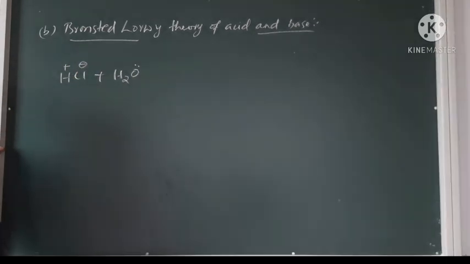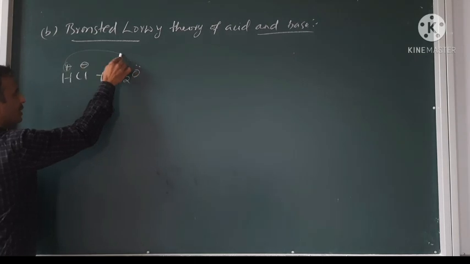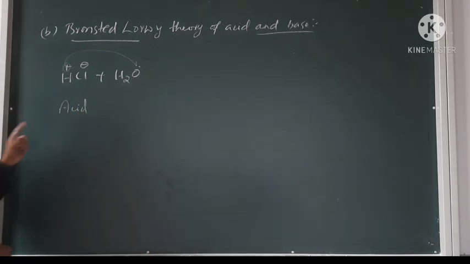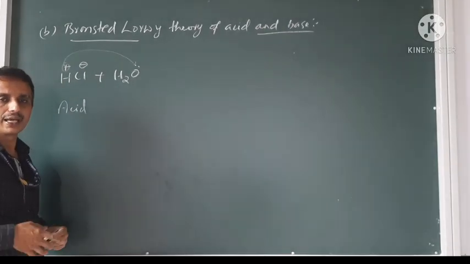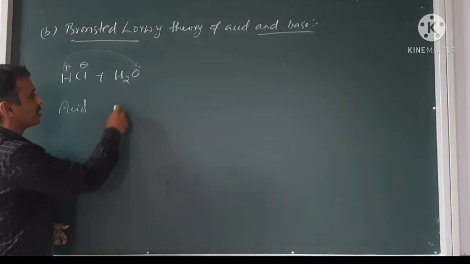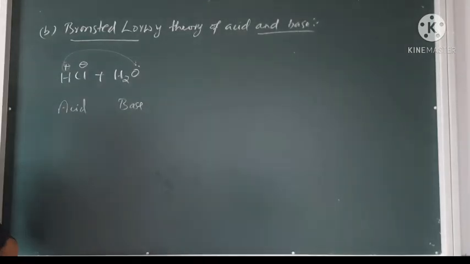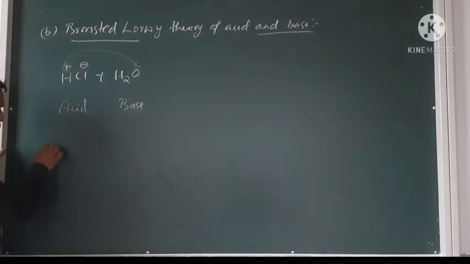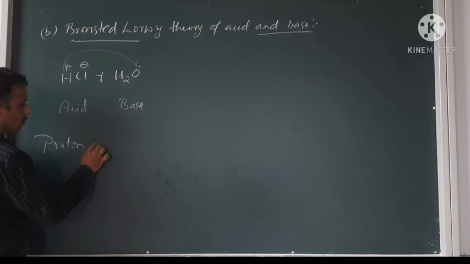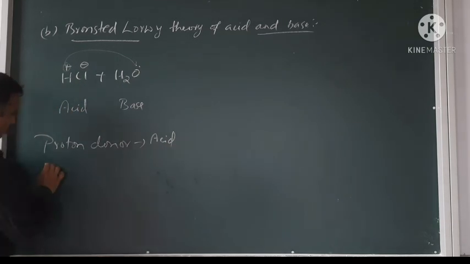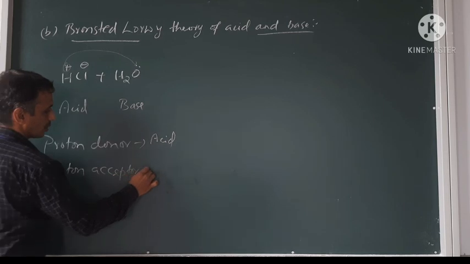So HCl is donating a proton, so HCl became an acid because of being a proton donor. Water is taking, accepting the proton, so it is a base. So proton donor is acid, proton acceptor is a base.